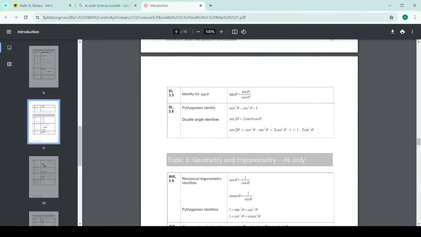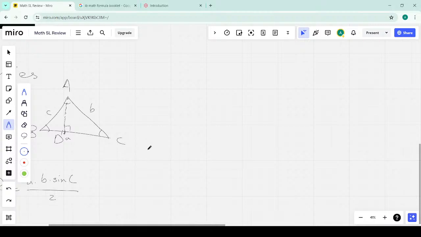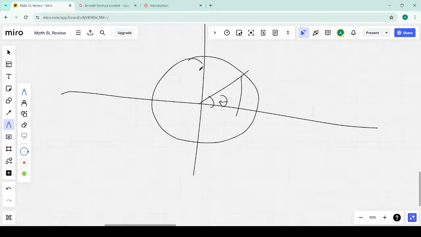Identity for tangent, that's pretty self-explanatory. Pythagorean identity? Okay, so going to the unit circle for this one. Say we have a triangle, theta, right? Unit circle basically just means that all the points are like 1 unit from the center.